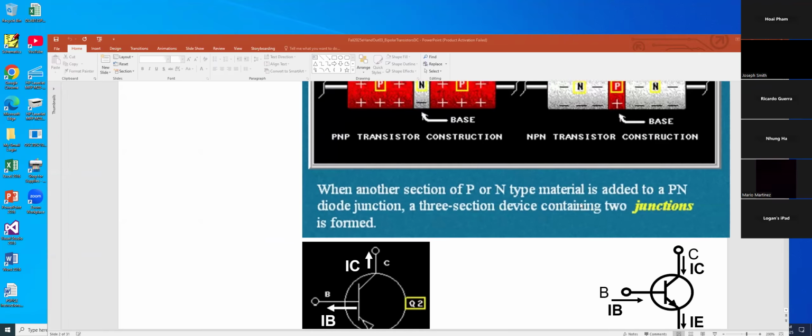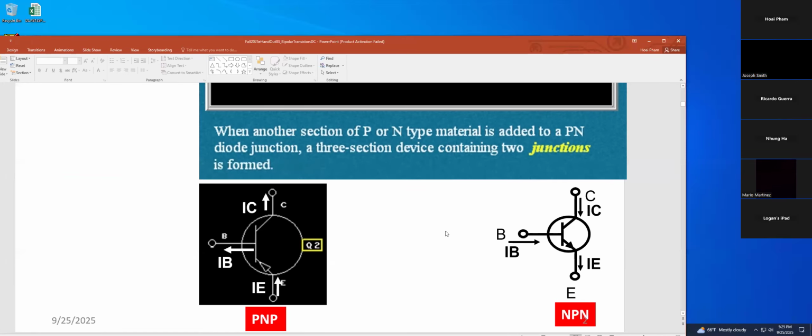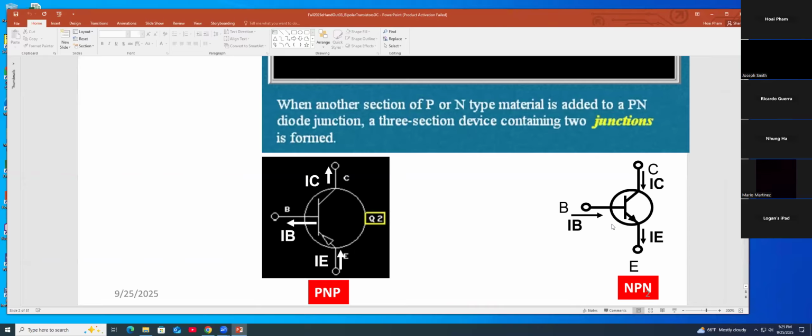So basically, what you need to know, you get the NPN, and if you're looking at the symbol, that is NPN, the base, collector, emitter, and the current flow.